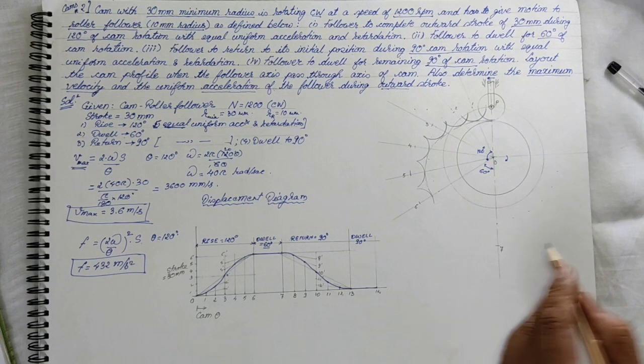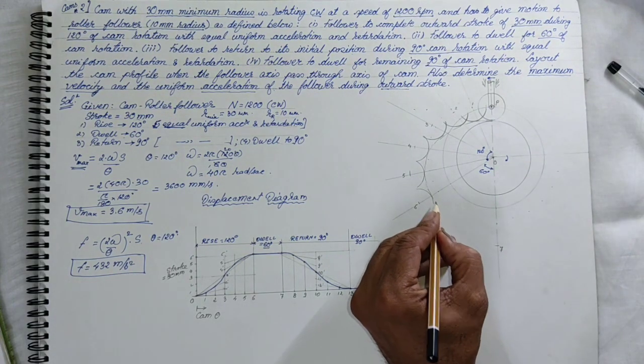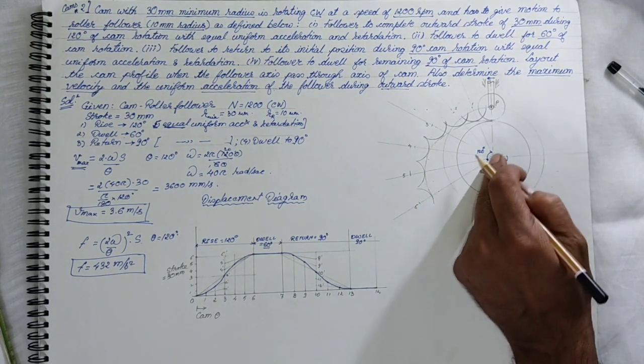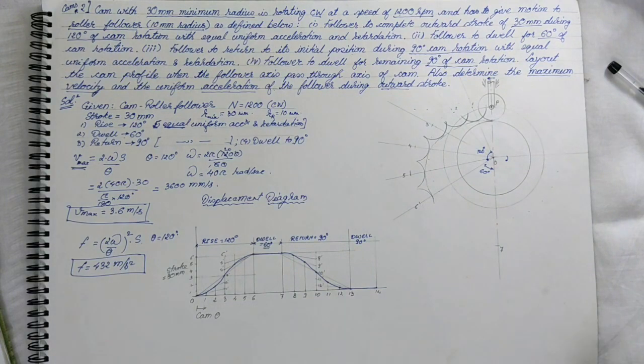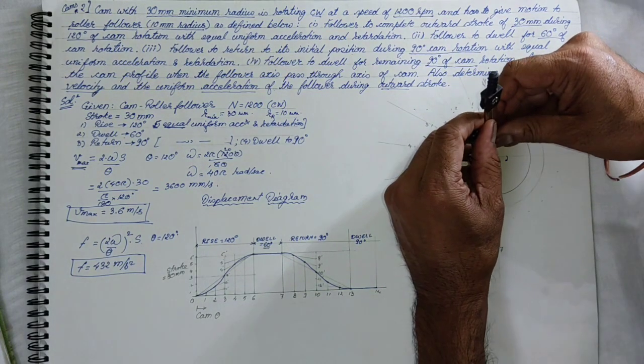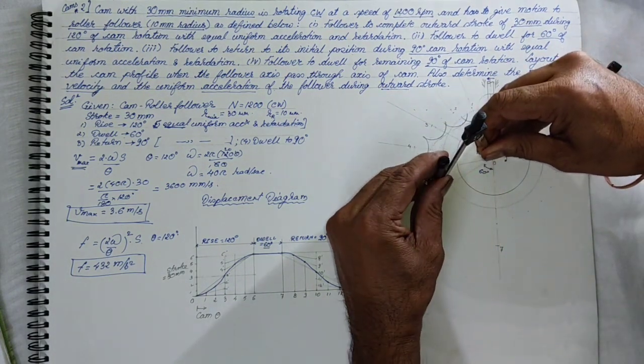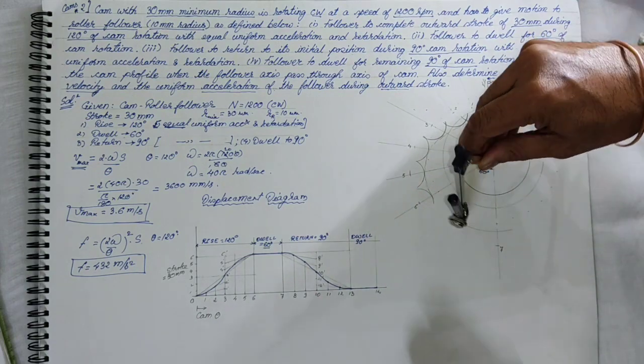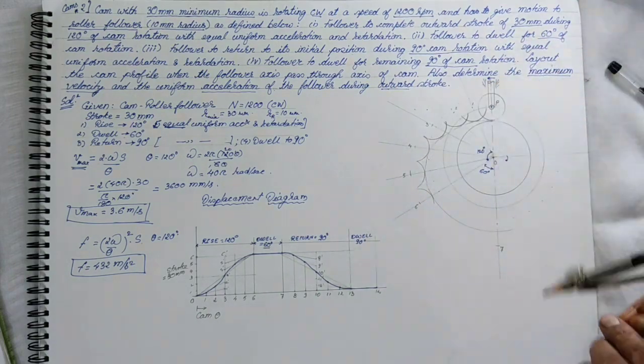Once I get it, from here to here the distance of the contact point from the center of rotation is not going to change. So I can simply take this radius in the compass. So this will be the cam profile.